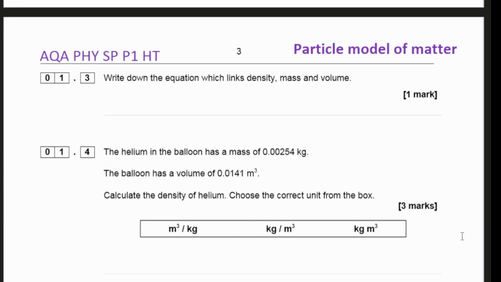Write the equation which links density, mass, and volume. For this, you can use the equation sheet. You can write it as a word equation or a symbol equation. Symbol equation: rho for density equals mass over volume, or you could say density equals mass divided by the volume.